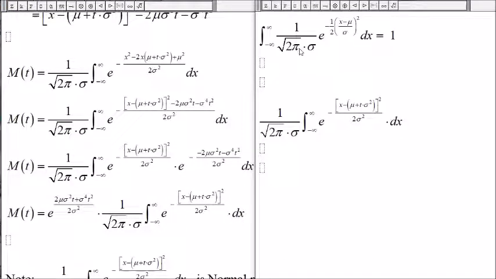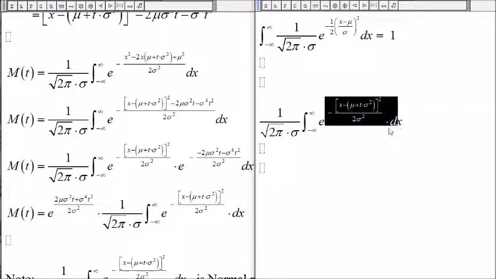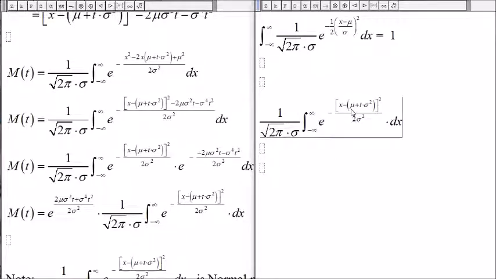We have shown in an earlier video that the integral from negative infinity to positive infinity of this normal density function is equal to 1. And mu is just a real number. And so as long as mu is just a real number, then we get 1. But here we have this integral, instead of mu, so we can rewrite this right here.